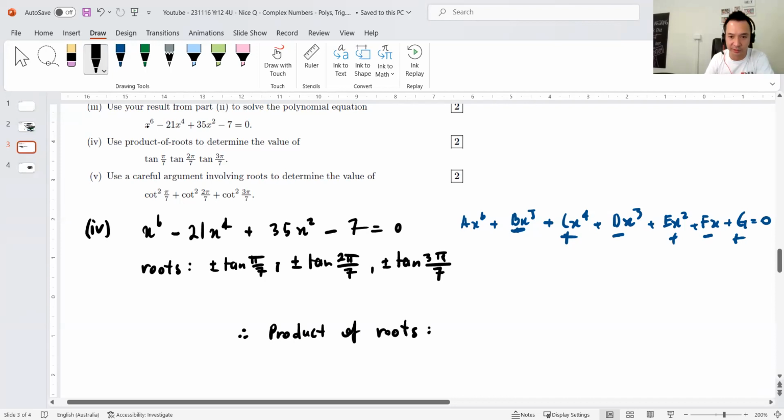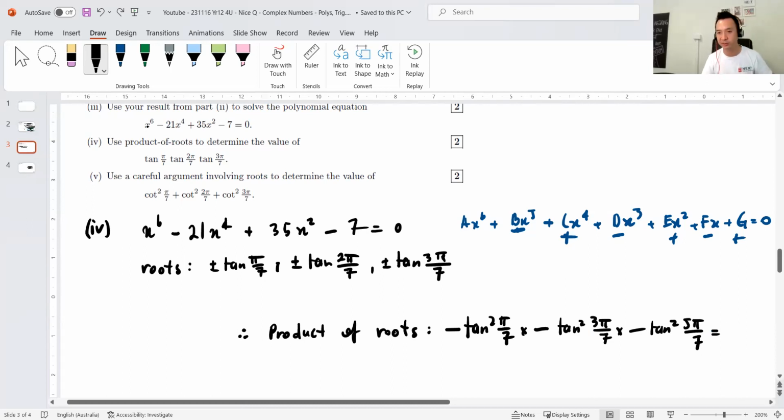So the first two would be minus tan squared pi on 7 times minus tan squared 3 pi on 7 times minus tan squared 5 pi on 7 equals minus g, so minus, no, equals a positive g, so minus 7 on a.